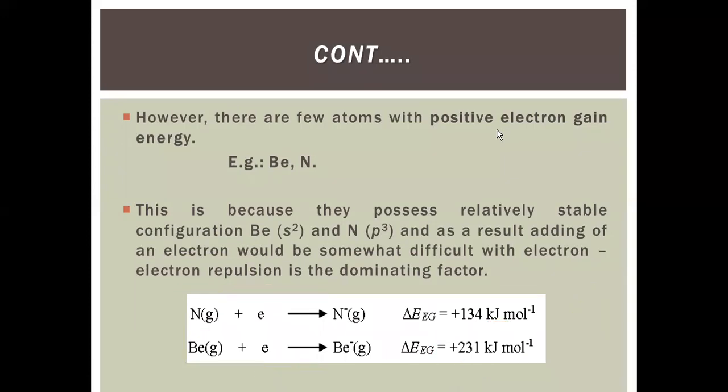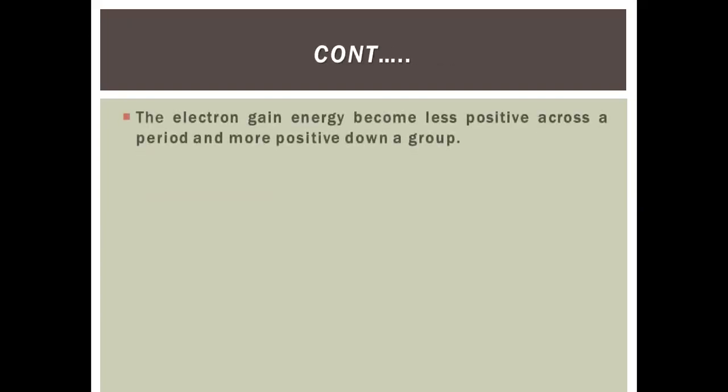Next, I'm going to speak about the periodic table. The electron gain energy becomes less positive across the period and more positive down the group. So this is what you should be able to understand.